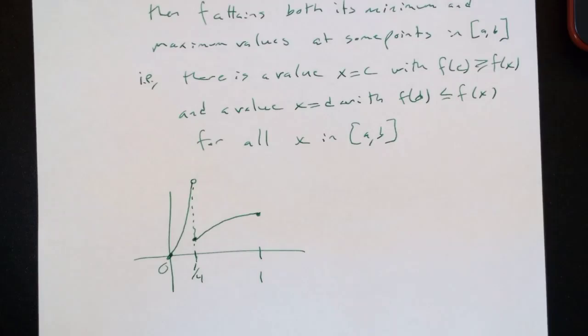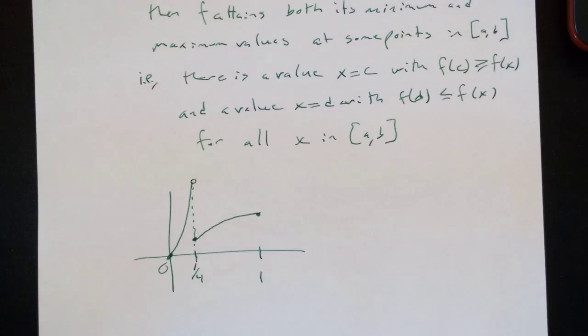What is the maximum value of this function on the interval from 0 to 1? As I go from the left towards 1/4, I keep getting bigger and bigger and bigger and bigger. Do I ever hit that number? So how close do I get? As close as you want, right?